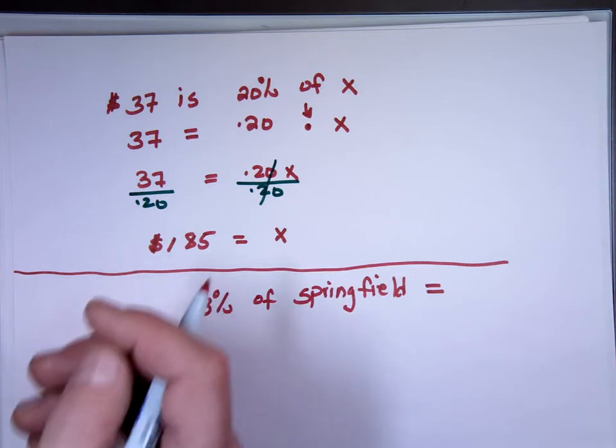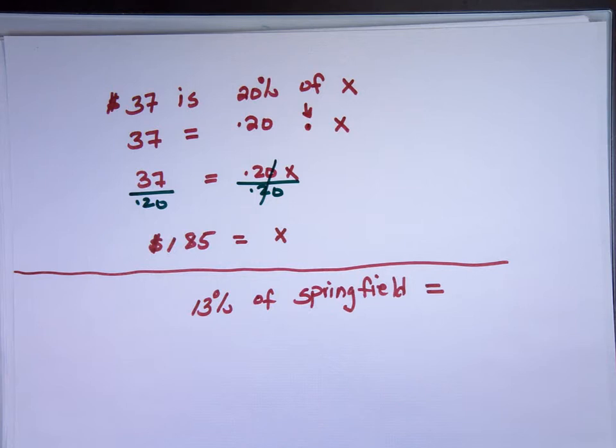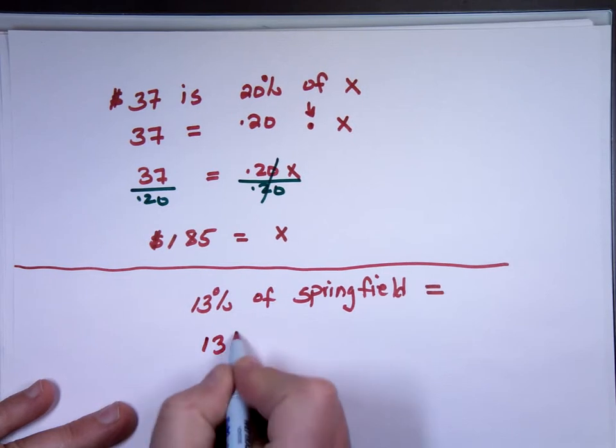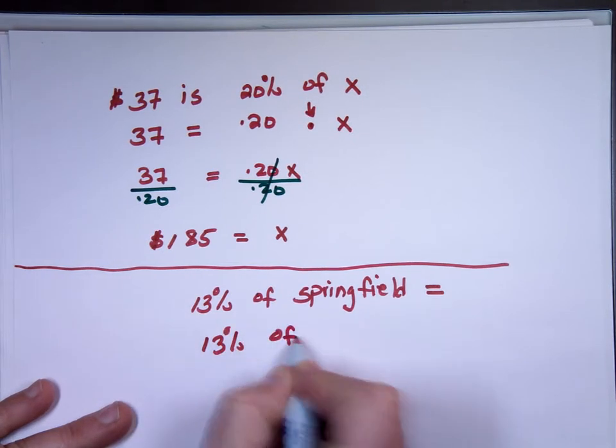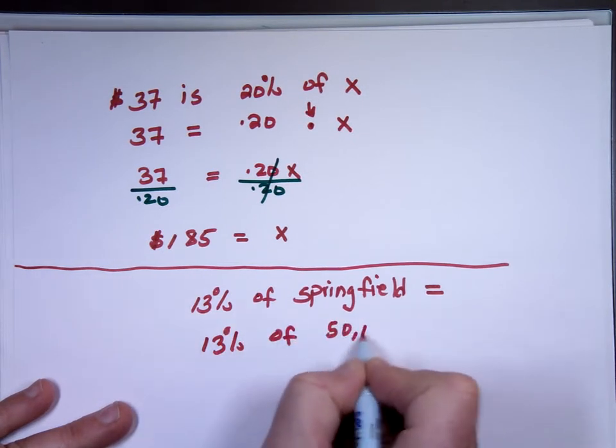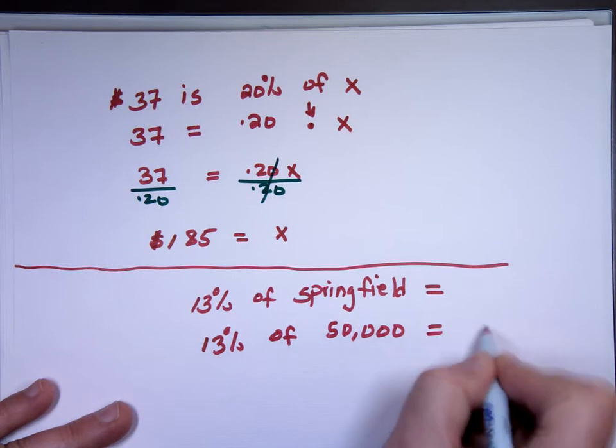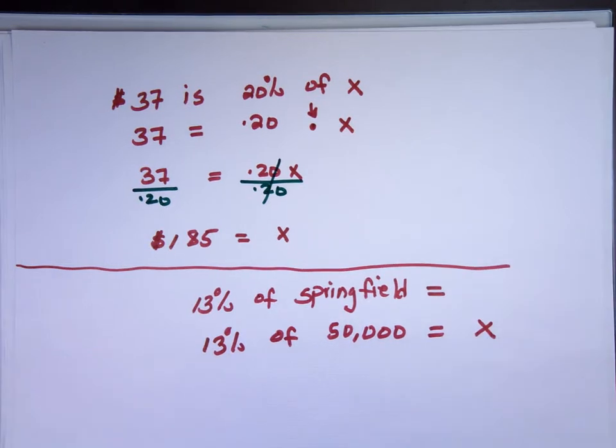Let's assume the population of Springfield is 50,000 people. If 13% of the 50,000 people live below poverty level, how many people in Springfield are living below poverty level?